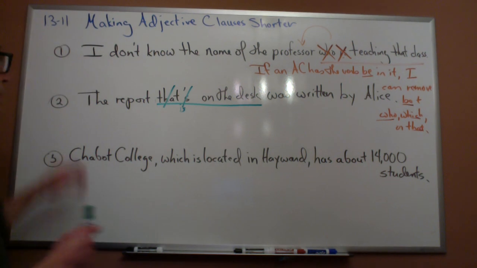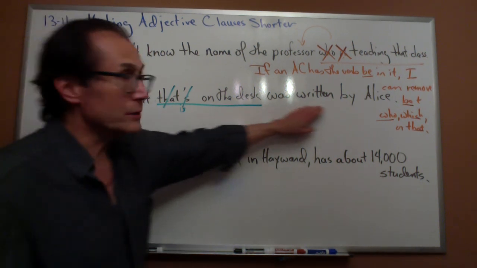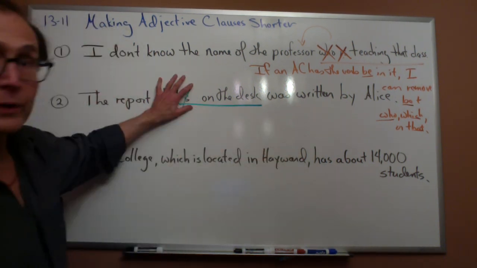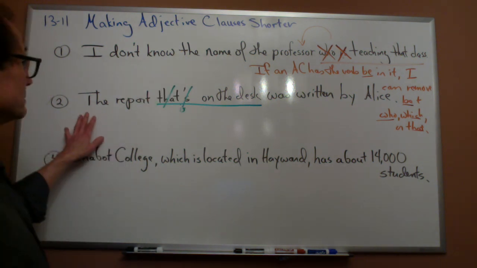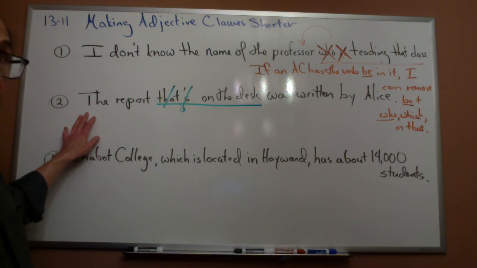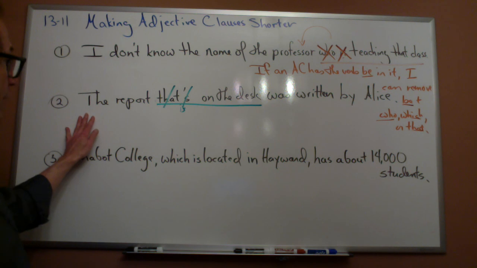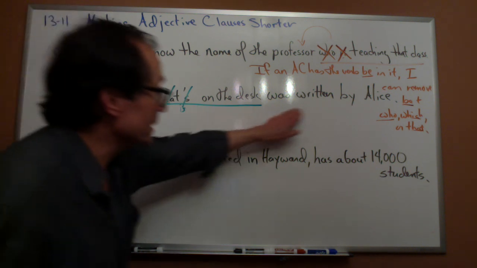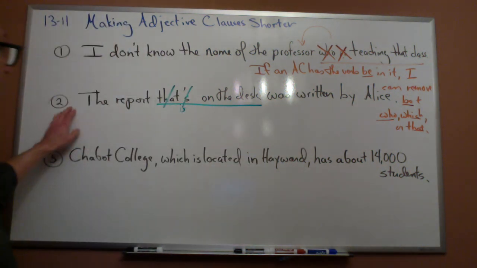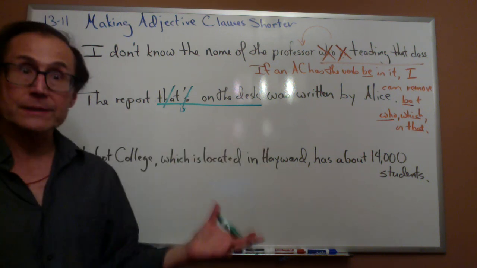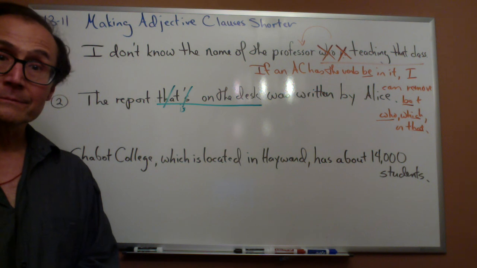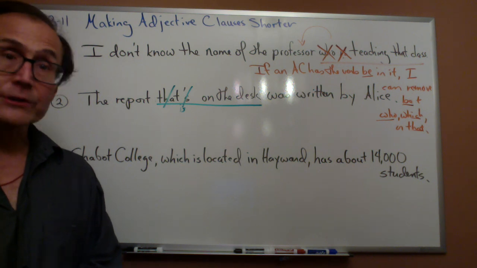I can say, the report on the desk was written by Alice. The report on the desk was written by Alice. So the long way and the short way again mean the same thing. They're both perfectly correct. The report that is on the desk was written by Alice. The report on the desk was written by Alice. They mean the same thing. It's just one is shorter than the other.